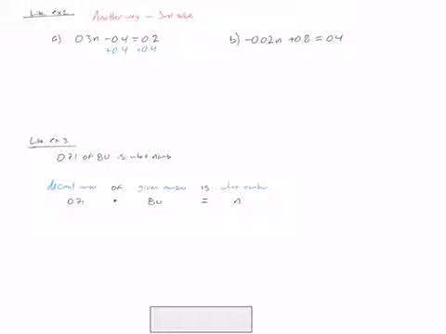So on the left-hand side, I just have 0.3n plus 0 is equal to 0.6. Then we divide both sides by 0.3. These become 1, and I have n is equal to 2.